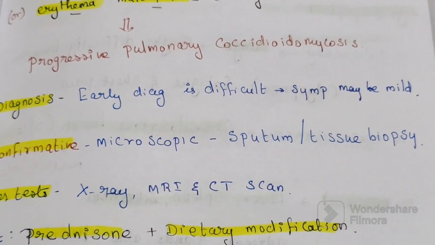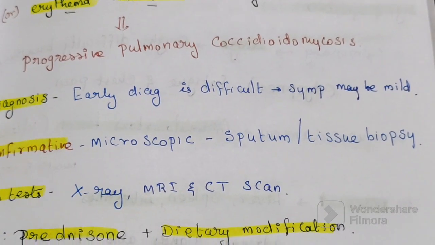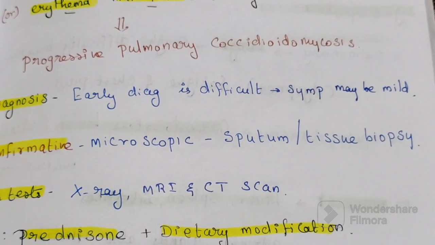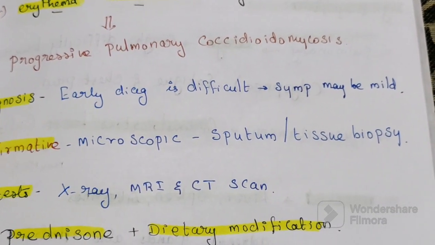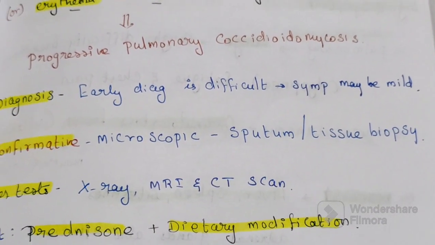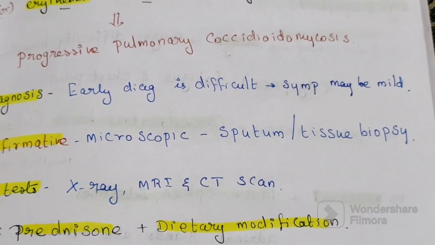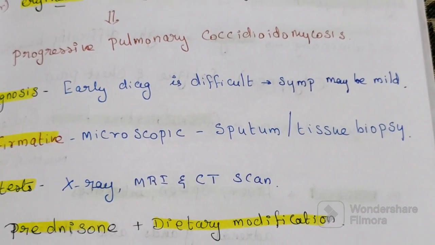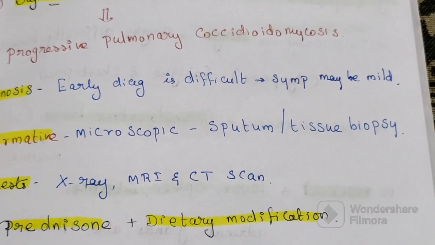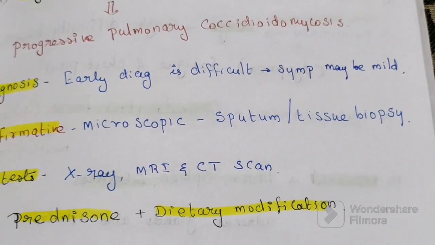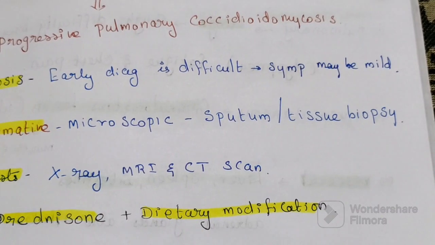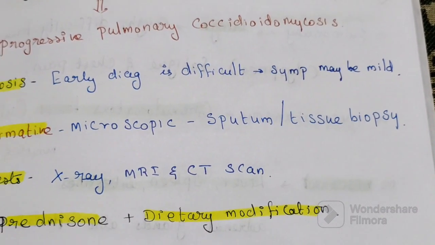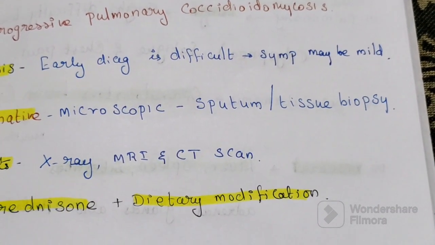Then diagnosis. Early diagnosis is difficult because symptoms may be mild, so no tests are initiated. For confirmation, microscopic examination of sputum or tissue biopsy.